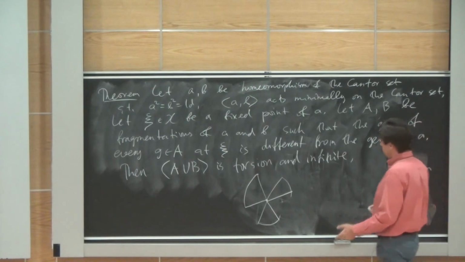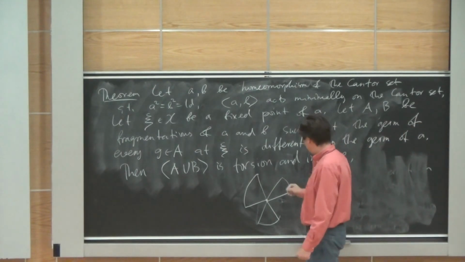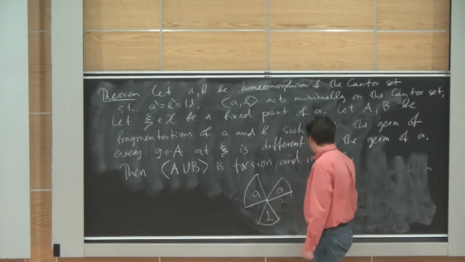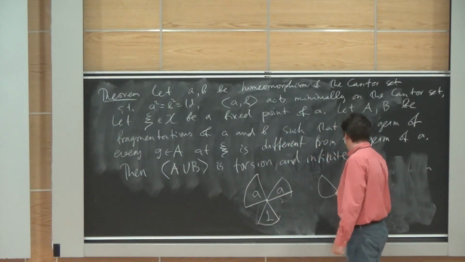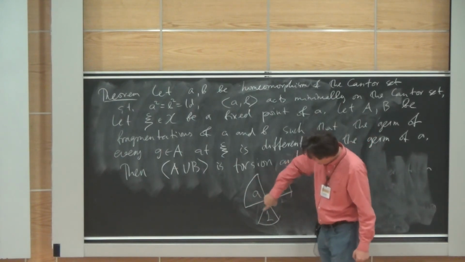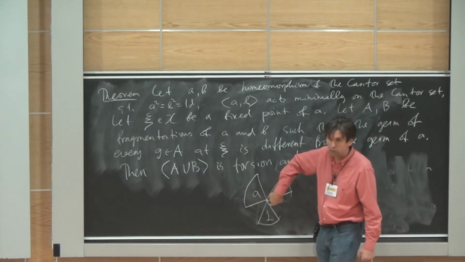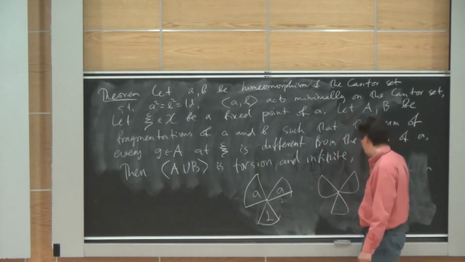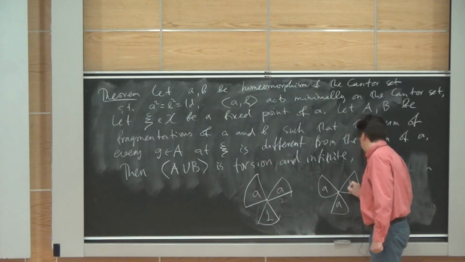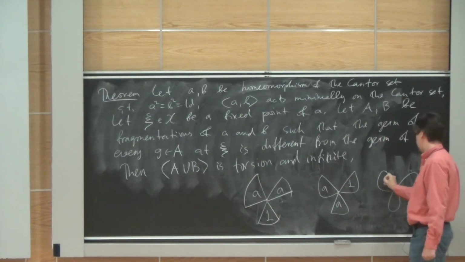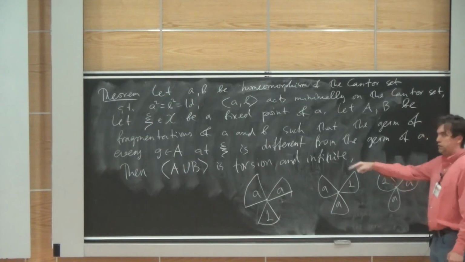And then you can use the following fragmentation. You can take the element that acts as A here and identity here; moreover, you may always choose these 3 sets so that they accumulate on this point, and take A, identity, and you can take identity, A, A.